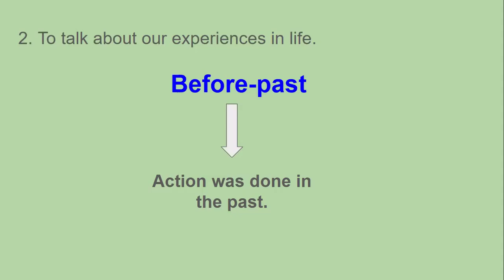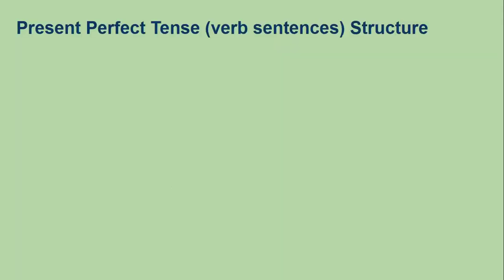How do we structure the sentences in the present perfect tense? That's what we need to look at. So the present perfect tense verb sentences structure, we will start with the positive verb sentence, meaning that we are looking at the positive verb sentences in this video.